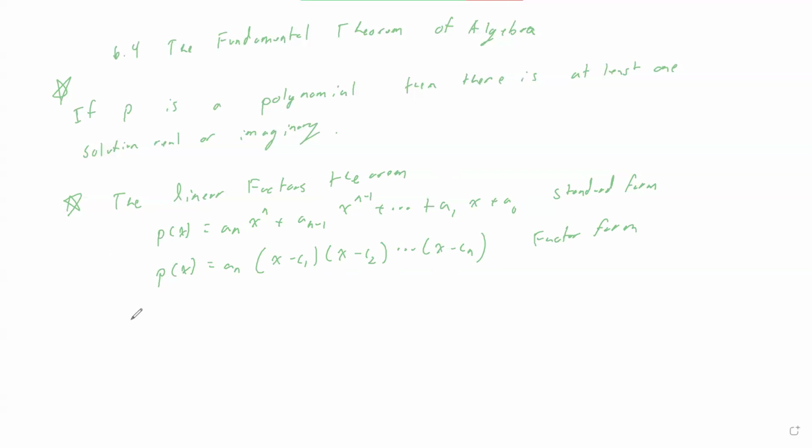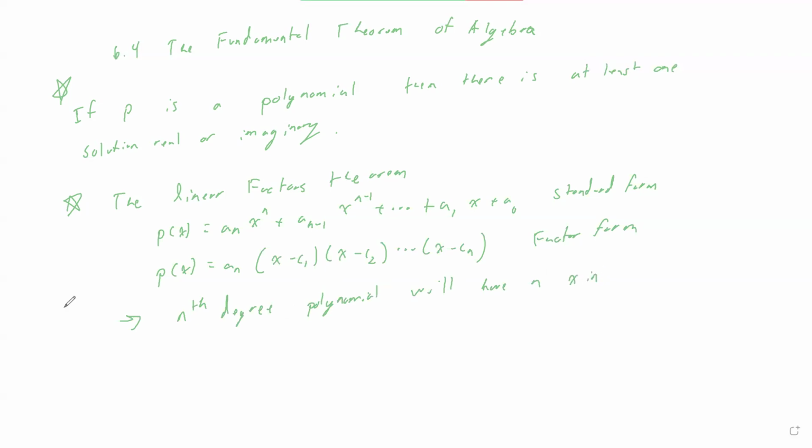Now, other ways to interpret this as well is that an nth degree polynomial will have n x-intercepts.